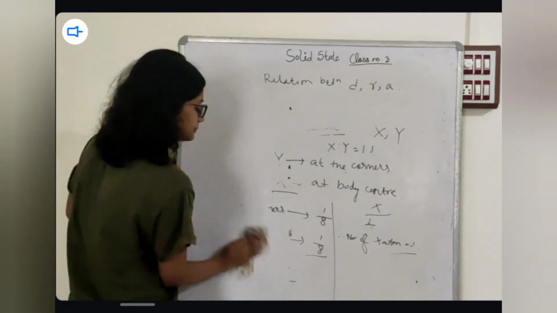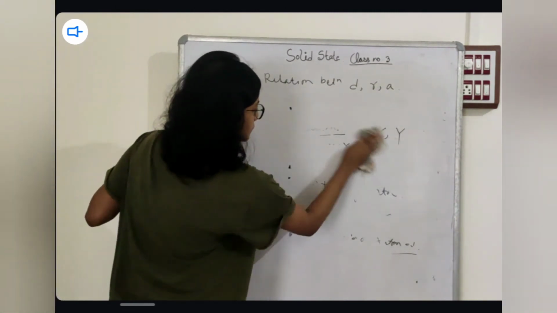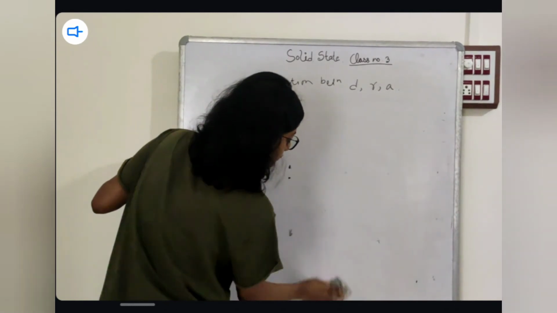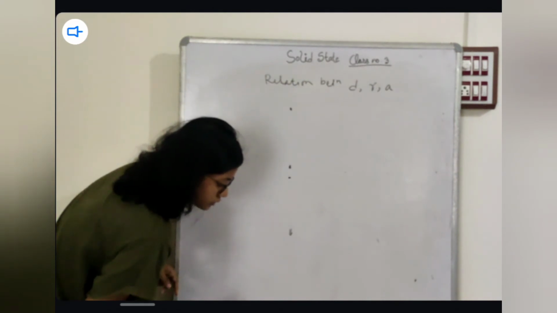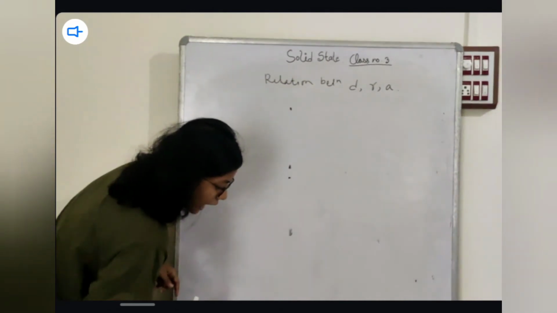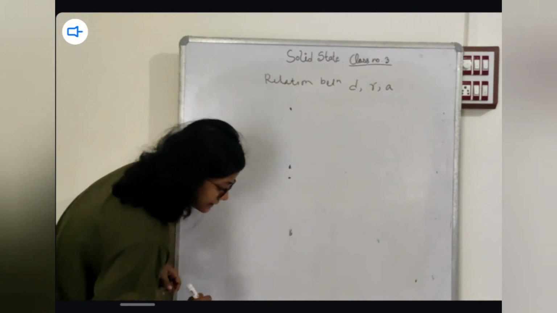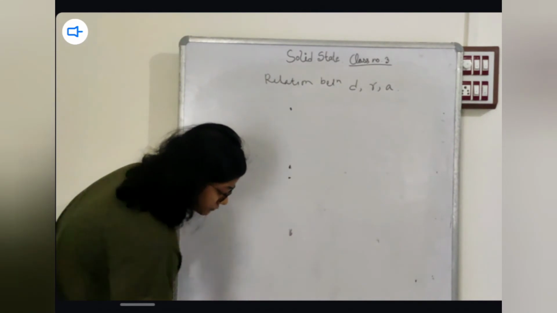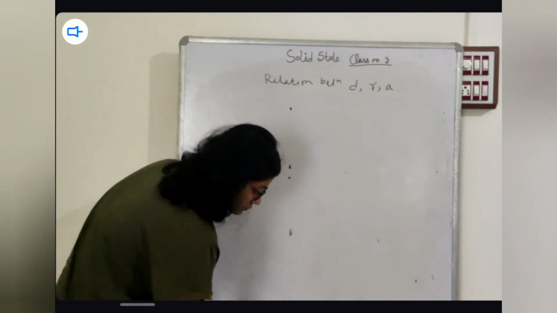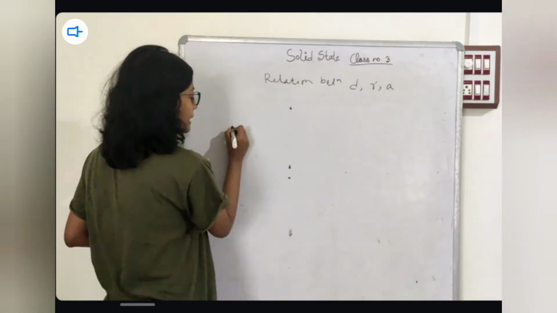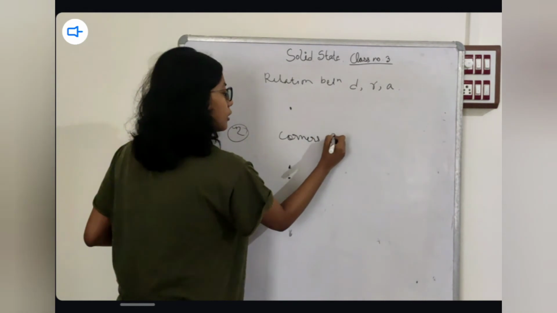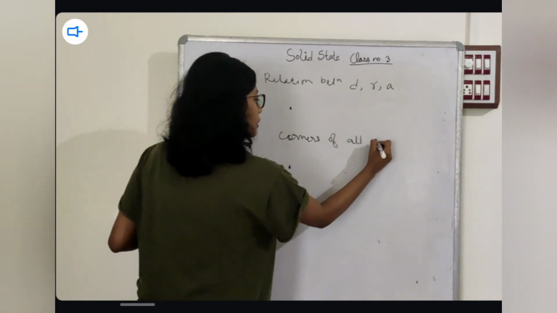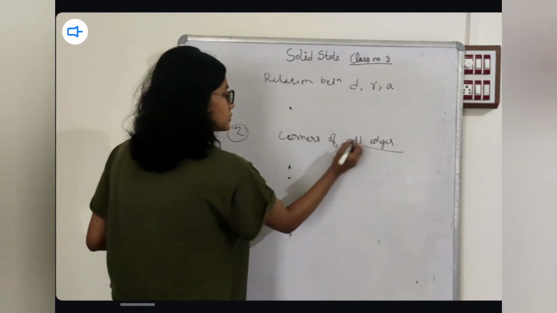Second one is, when atoms are placed at the corners of all 12 edges of a cube, how many atoms are present per unit cell? So it is saying that atoms are at corners of all 12 edges.